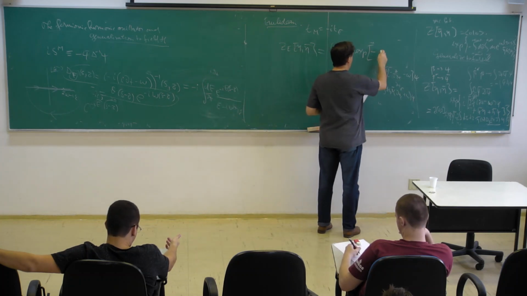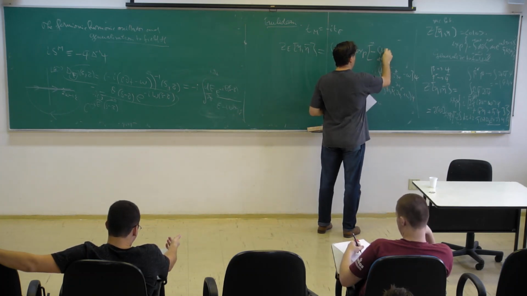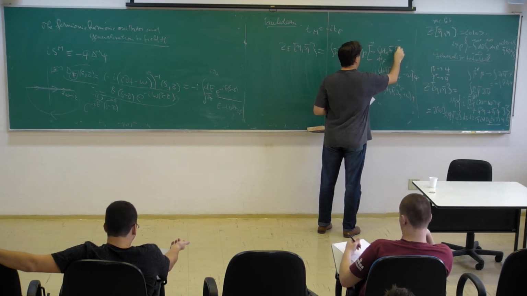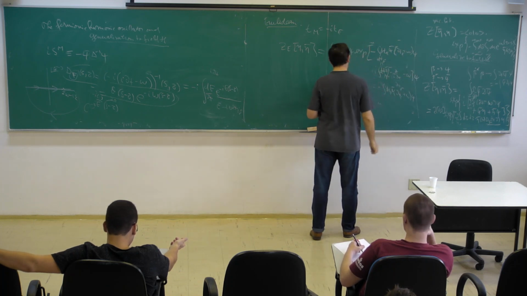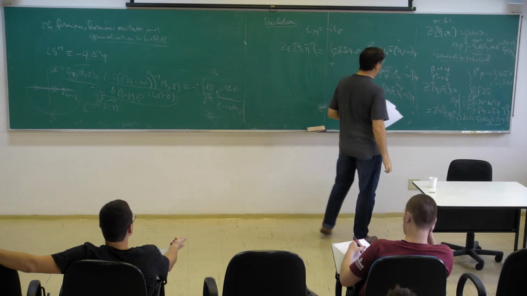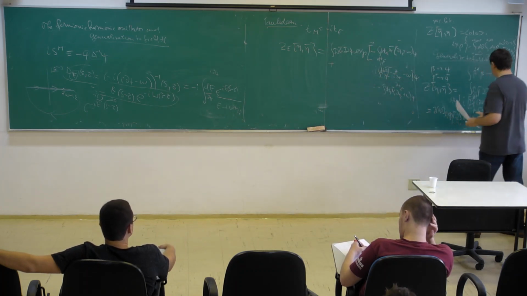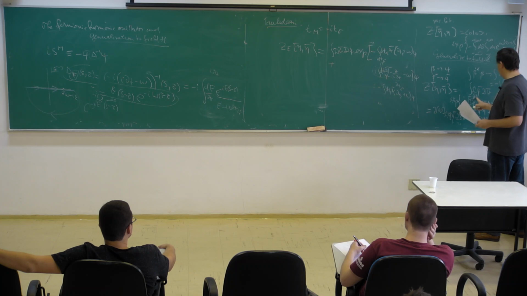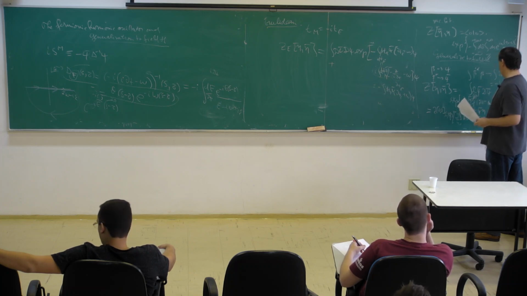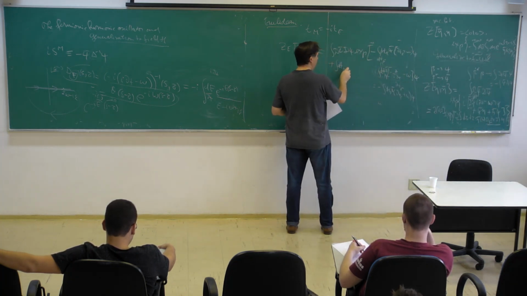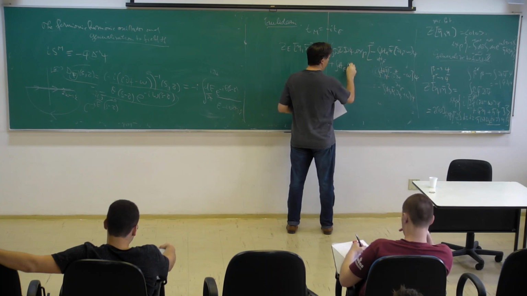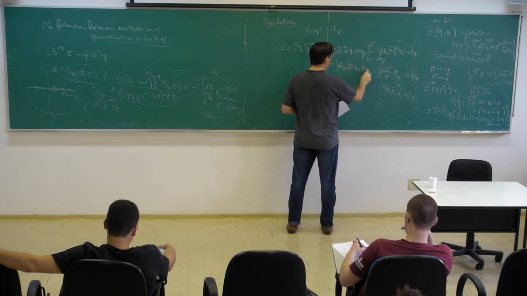Then the other term is just i dt Minkowski, which is minus i dt Minkowski is dt Euclidean times this, plus integral dt Euclidean psi bar eta plus eta bar psi.